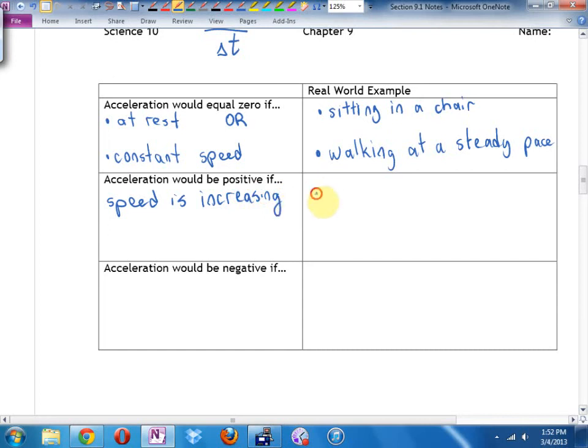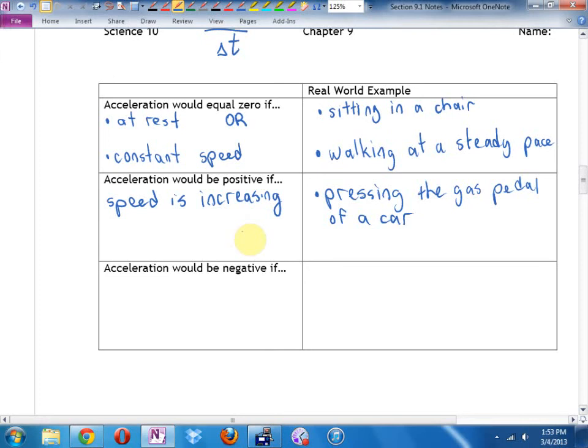Real world example: pressing the gas pedal of a car. A more obscure one, well, we'll come back to it. We have room to add something underneath there. There is a more obscure one. Let's go to the next box.